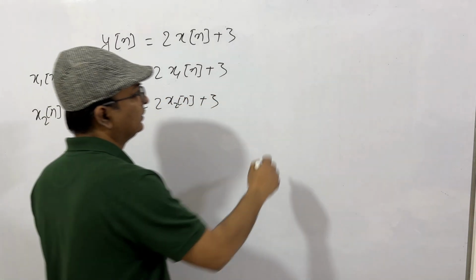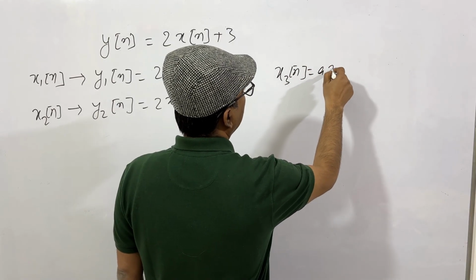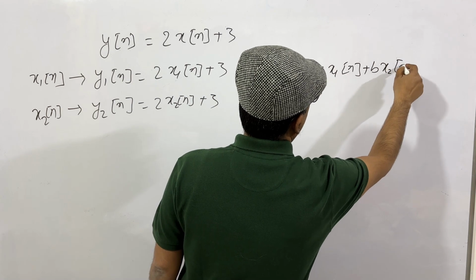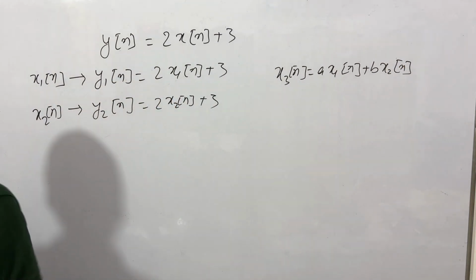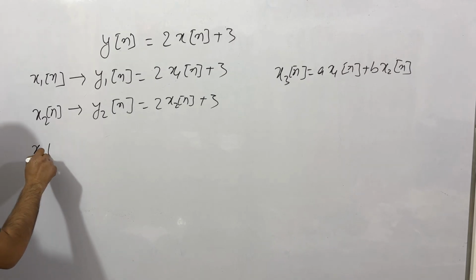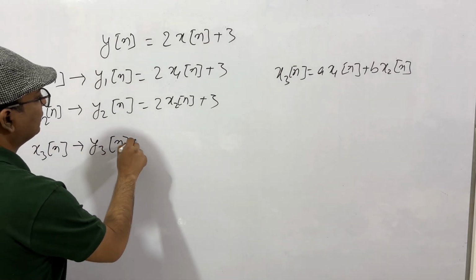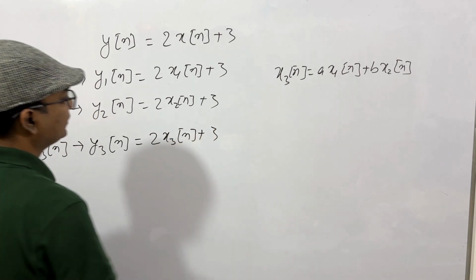What is the output if my input is x3(n), a x1(n) plus b x2(n)? By putting this input, we can check both scaling as well as additive property. So for x3(n), our output will be twice x3(n) plus 3.